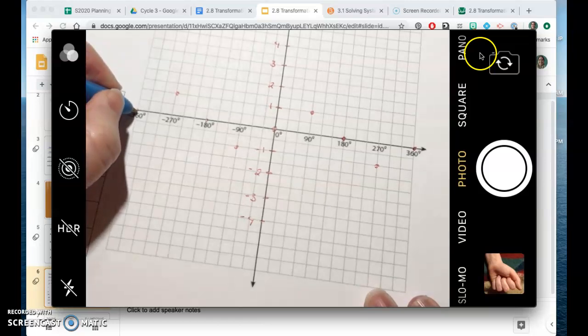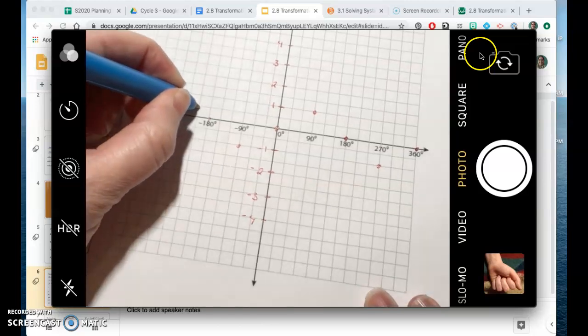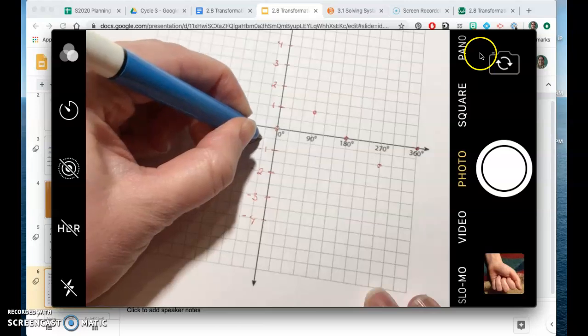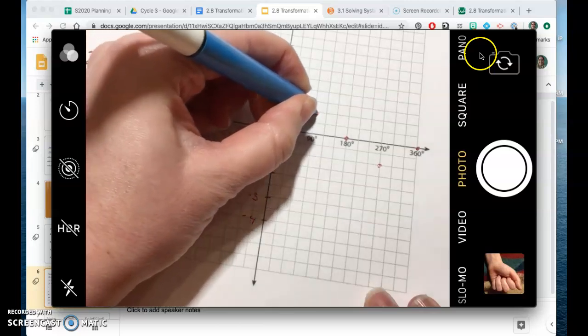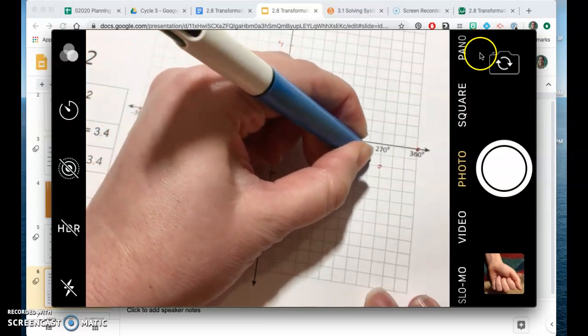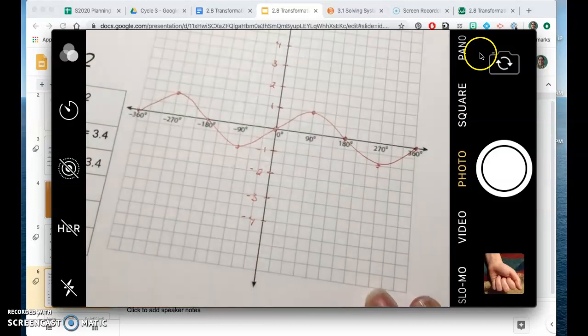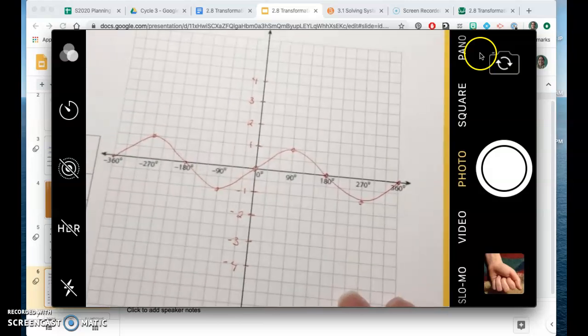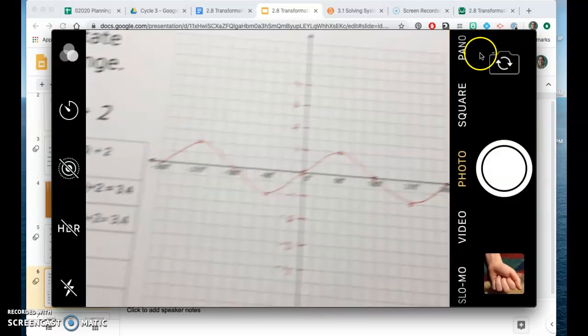And now I'm going to draw a nice smooth curve through those dots. Remember, sine curves are nice and smooth. Something like that.